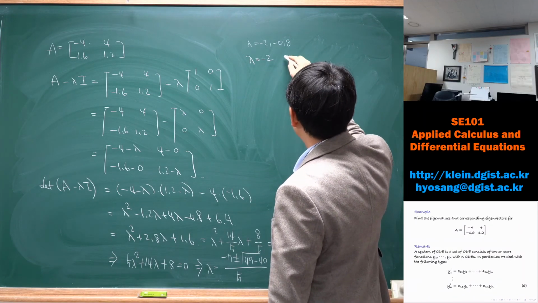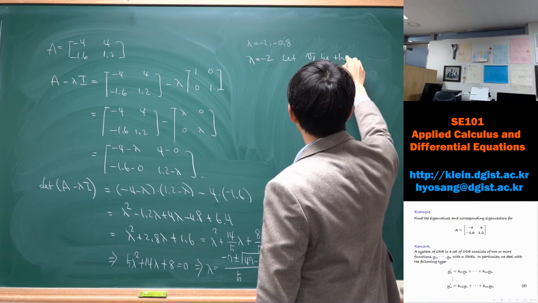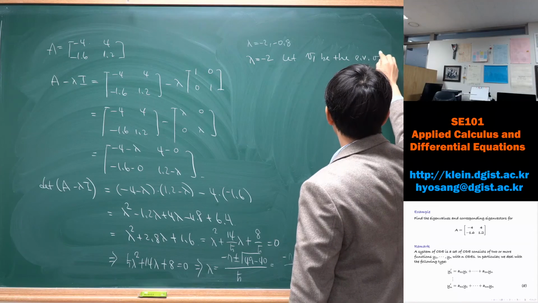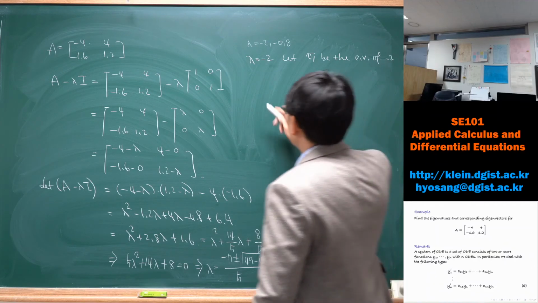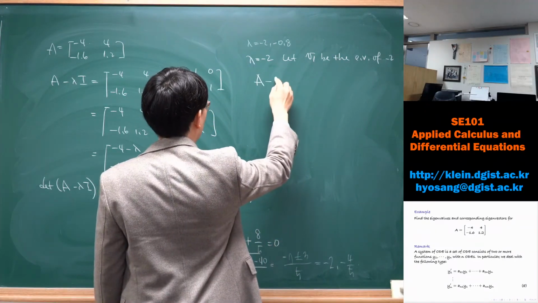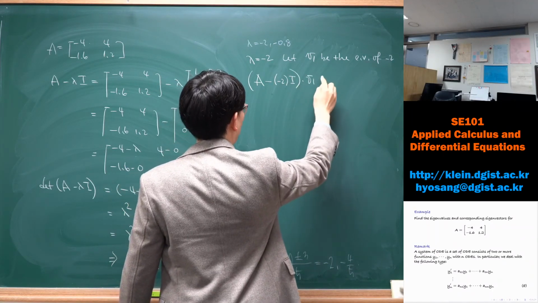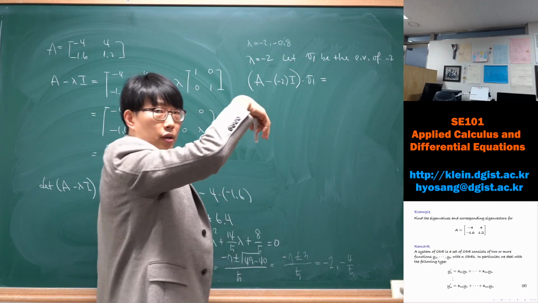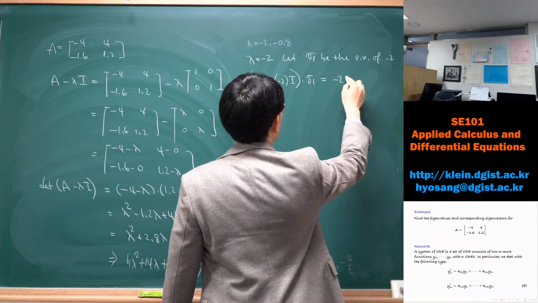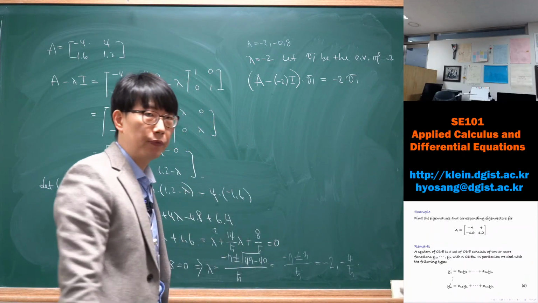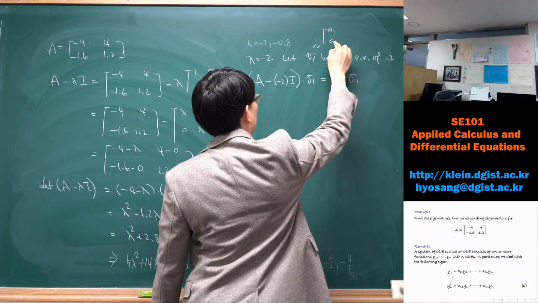Let's say V1 is the eigenvector of eigenvalue minus 2. Then by definition, A times V1, a 2 by 1 column matrix, equals negative 2 times V1. Suppose V1 is A1, A2.